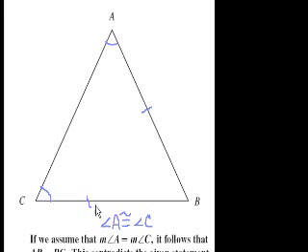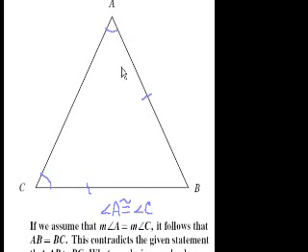So AB is equal to BC. Then they say this contradicts the given statement that AB is greater than BC.